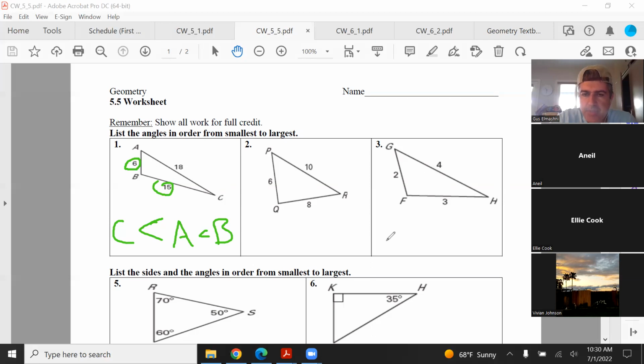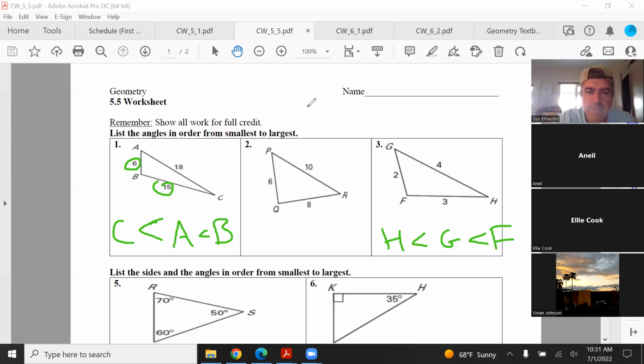So look at number 3. H is obviously opposite the smallest side there. And G is opposite the middle side. And F's opposite the biggest side. So again, the biggest side has the largest angle opposite of it. And then the shortest side has the smallest angle opposite of it. And then of course the middle side has a middle angle opposite of it.